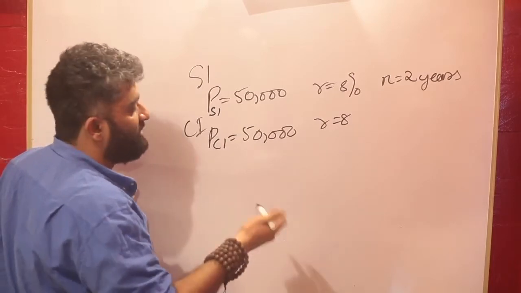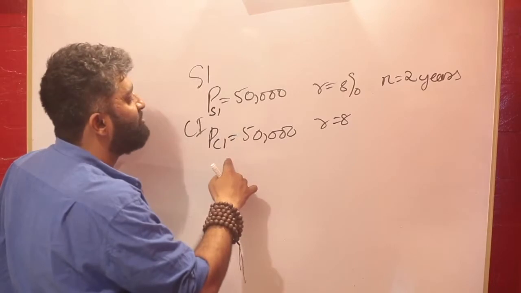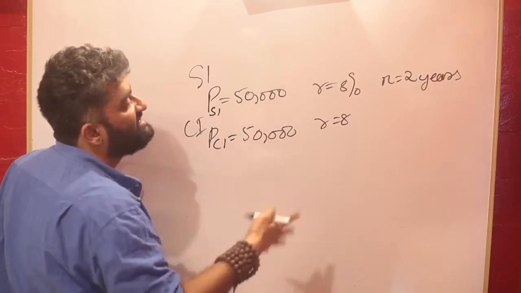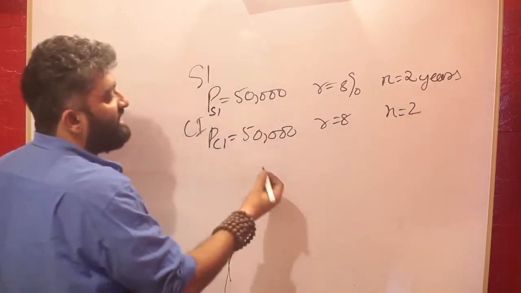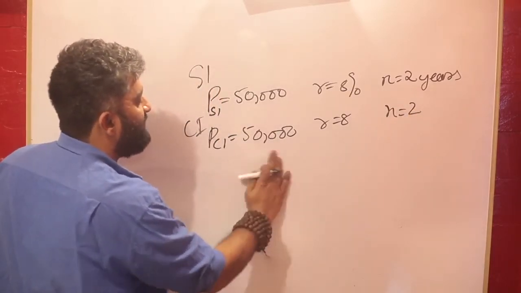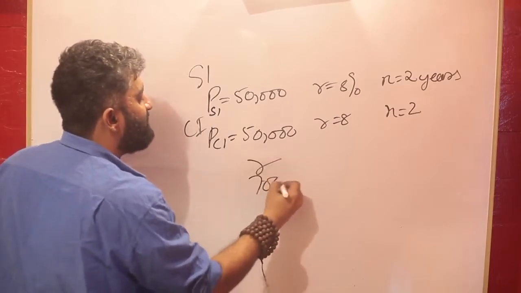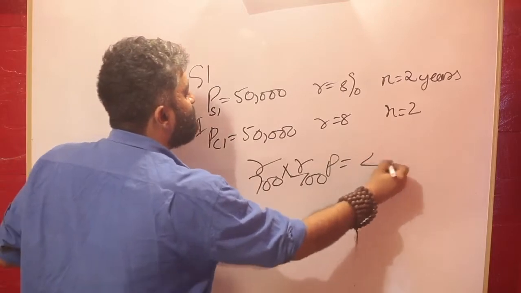So one would be you find out the amount using the SI formula and you find out the amount using the CI formula. But since the question is about the difference after 2 years, you straight away can go for R%, or let me make it even easier, R by 100 into R by 100 into P will give you the change.